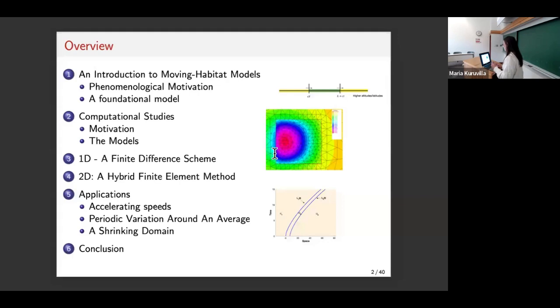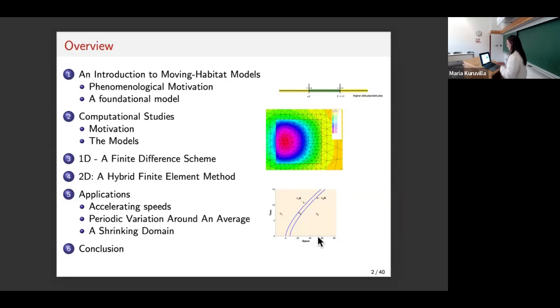One of the things that you can see here is there's a jump in density. And so this would be a good motivator to look at computational methods. And I'll talk about where these jumps in densities come from. And then finally, I'll talk about several different applications.